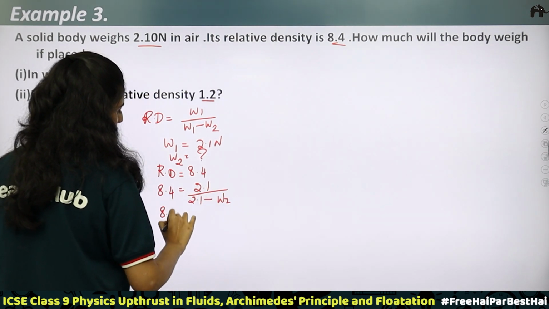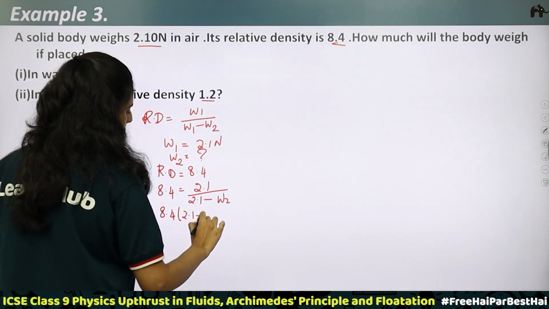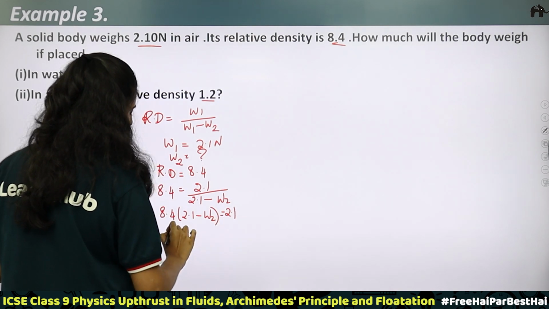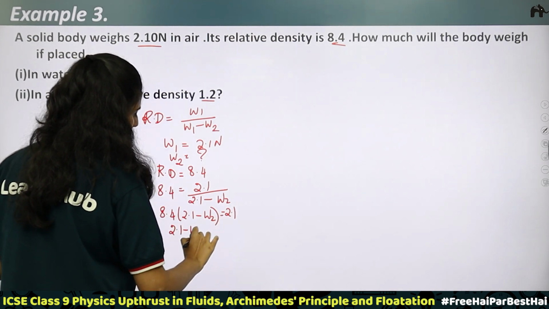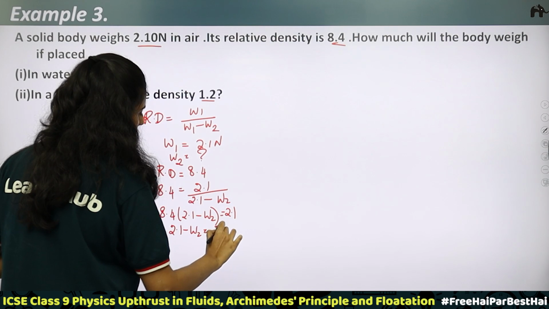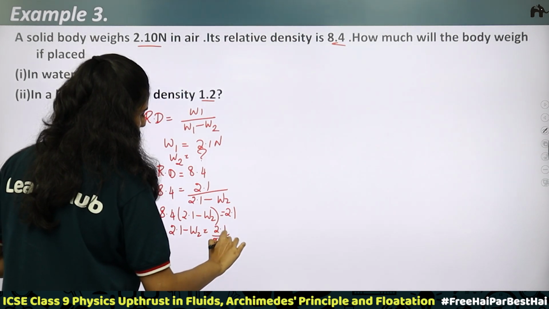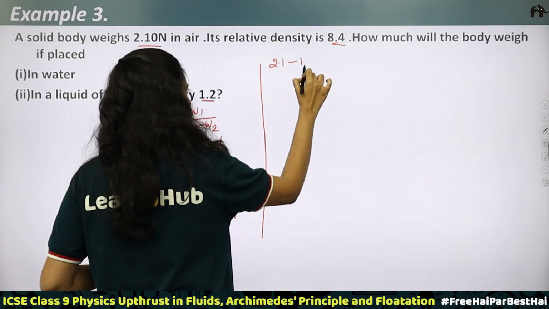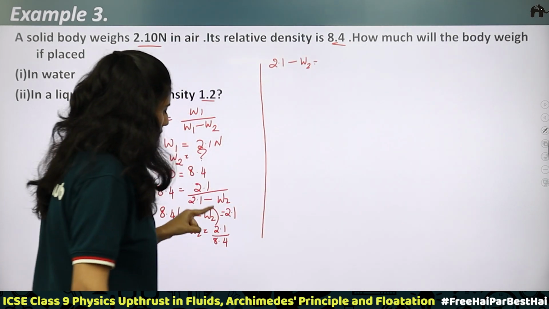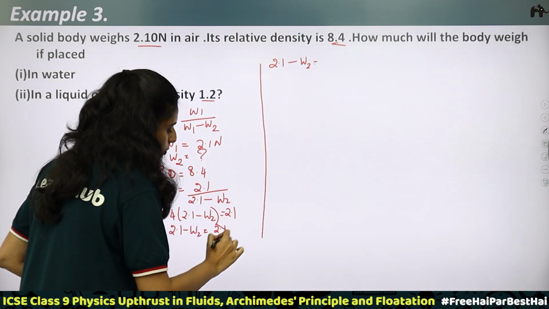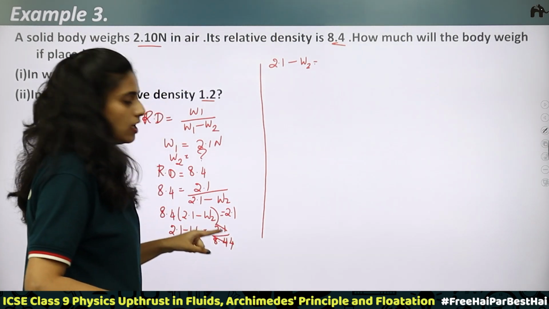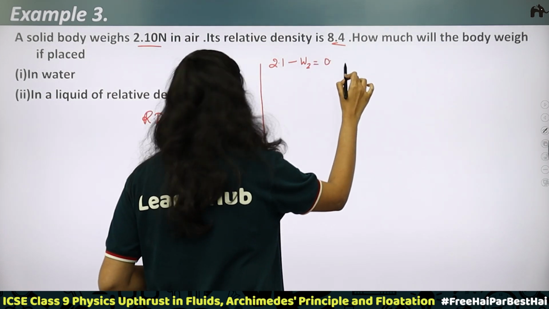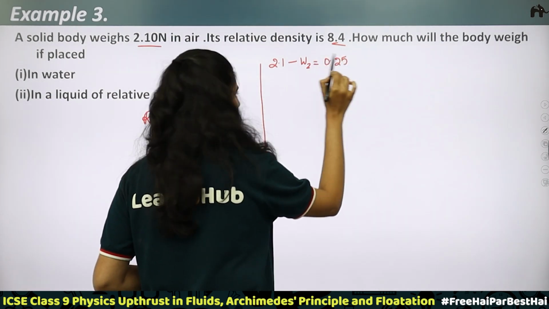That is 8.4 into (2.1 minus W2) is equal to 2.1, or 2.1 minus W2 is equal to 2.1 divided by 8.4. 2.1 into 4 is 8.4, so you will get 1 by 4, which is 0.25.